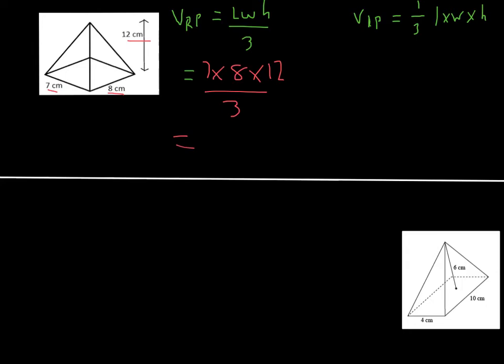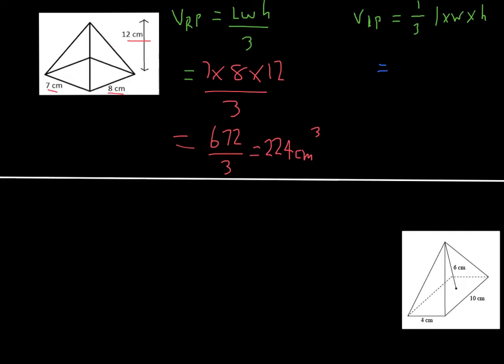Some you'll definitely need it. If you can do it mentally, that's great. I'll use a calculator for this one. 7 times 8 times 12 is equal to 672, divided by 3 is going to be equal to 224 centimeters cubed. Remember, still working in cubic units for volume.